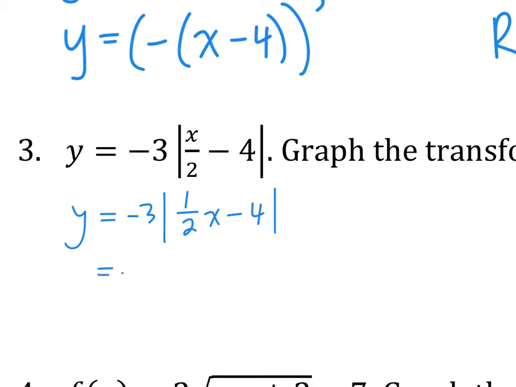So this is going to be 1/2 times x, and then what? Minus what? Minus 8. Okay, if you can't see that, basically you're dividing everything by 1/2. Whatever you factor out is essentially taking the term and dividing that number out. So 4 divided by 1/2 is going to give you 8.